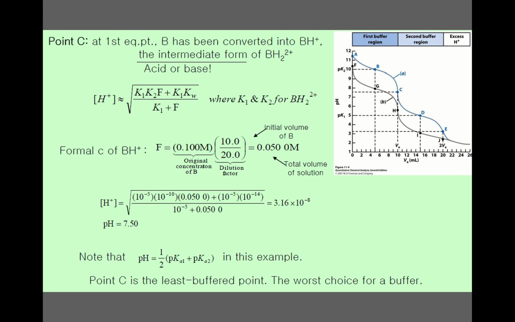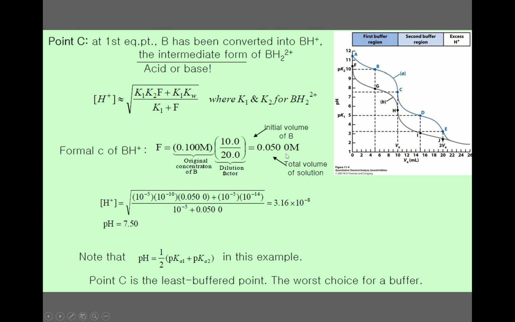Let's calculate. First you have to calculate the F value. F is the formal concentration of the BH+ form. Since the strong acid is added, the volume increased. The original concentration of B is 0.1 molar, and the volume increased from 10 to 20, so the BH+ concentration is 0.05 molar.